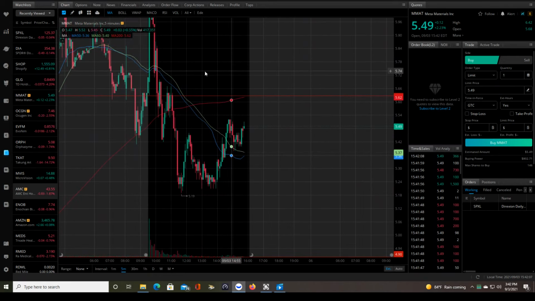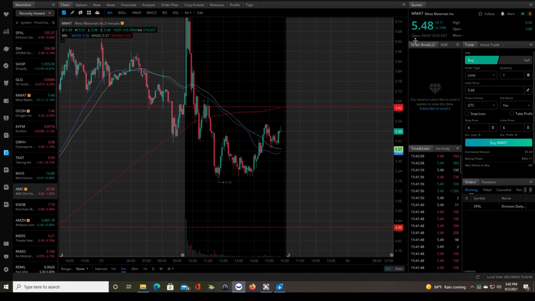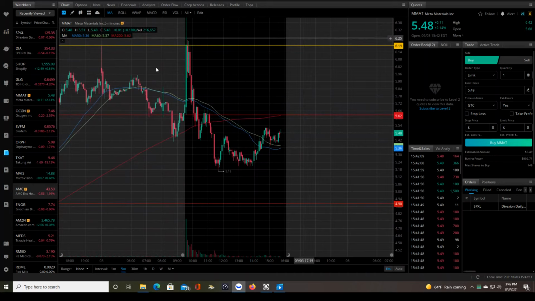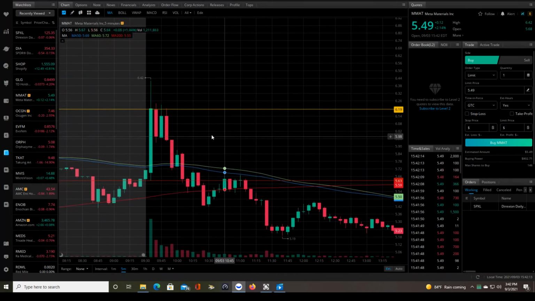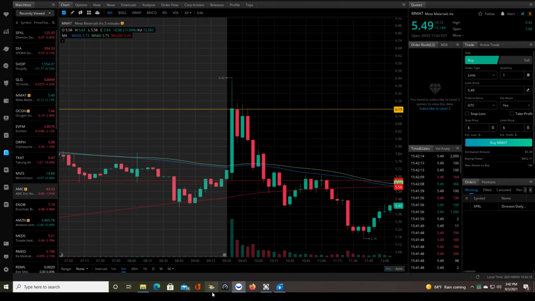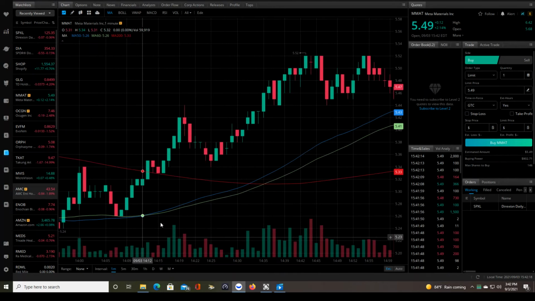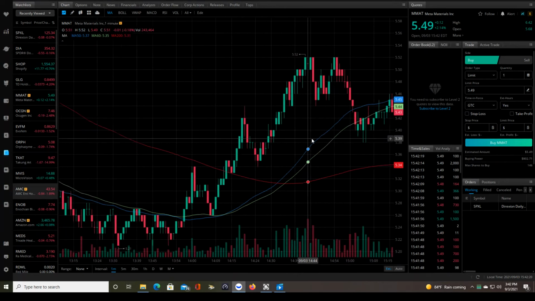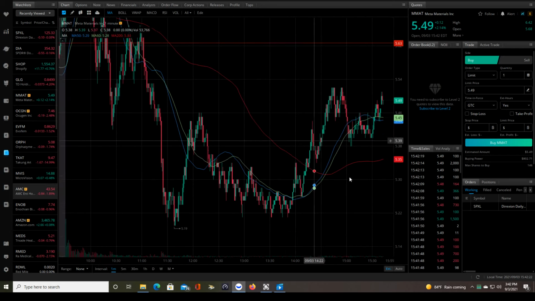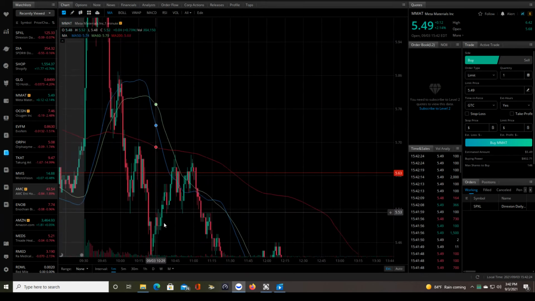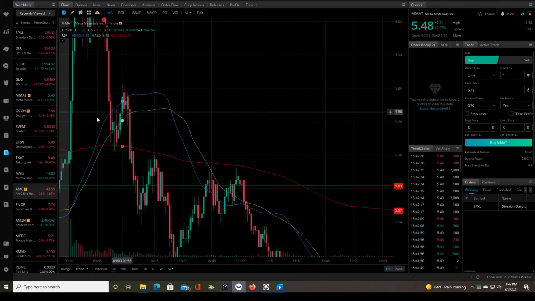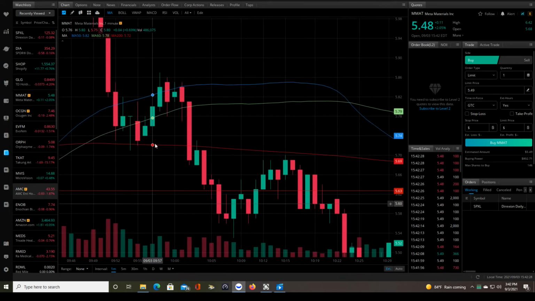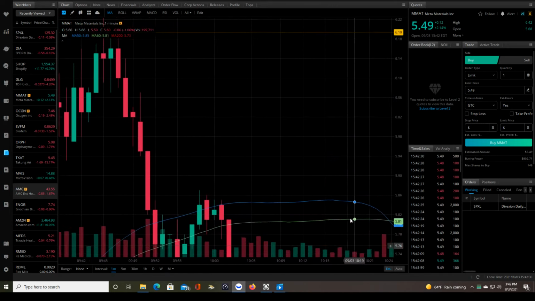So here's where we were trading. Let me just scale this properly. And so we're trading back here. This is the 5-minute chart, so the candles look a little different. Let me go to the 1-minute chart. Okay, here we go. So this was our first entry. Actually, our first entry was way up here.